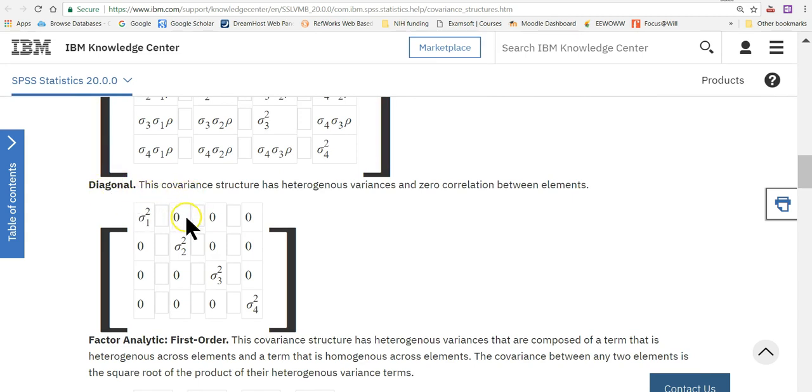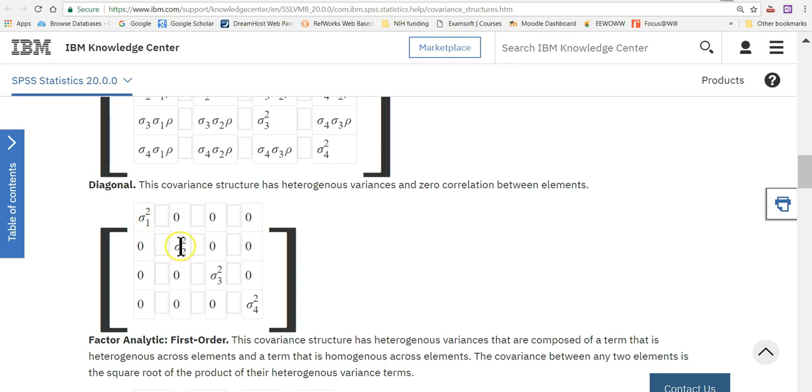Now notice we still have 0 relationship between our visits. But now instead of just one overall variance, there's no little variance sign over here. Instead of just one variance, notice the subscripts are different.